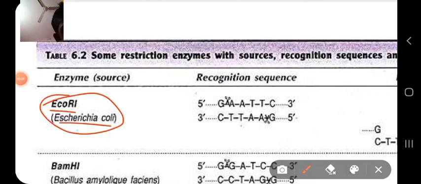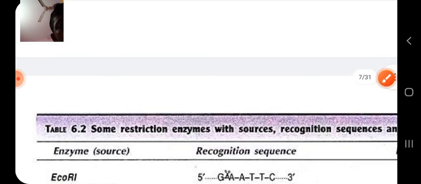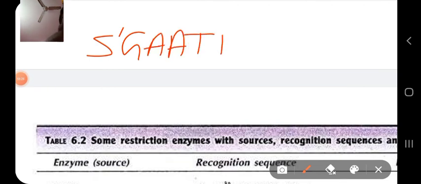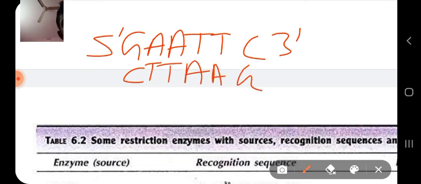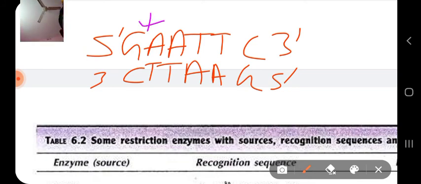This restriction enzyme can identify this sequence G double A double T C and C double T double A G. Just now I have drawn this one where it cuts between G and A. If I draw broadly here, G double A double T C, C double T double A G. So EcoR1 normally cleaves between G and A in both the strands, both the complementary strands. This is the restriction site of EcoR1.